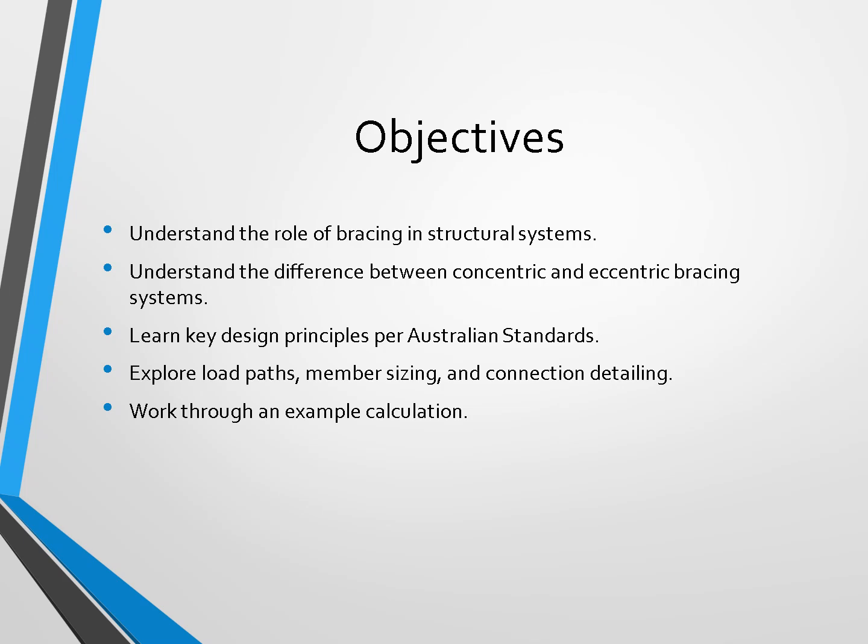We will also review key design principles according to Australian standards. Then we will explore load path, member sizing, and connection detailing. Finally, we will work through a simple example to learn about the effects of the bracing.